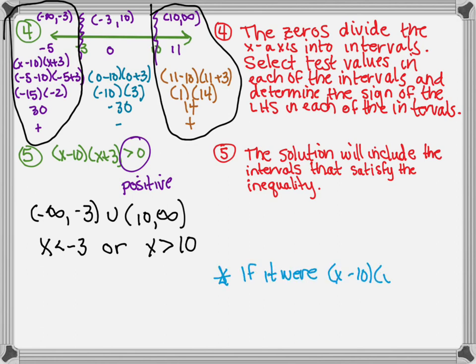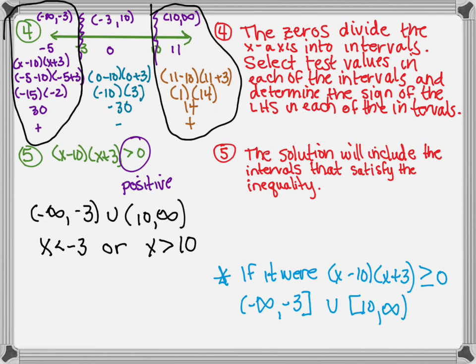And then just a reminder, if our inequality had been x minus 10 times x plus 3 is greater than or equal to 0, so including the zeros, then my solution would have been from negative infinity to negative 3 with the squared off bracket around the negative 3, union from 10 to infinity with the squared off bracket around the 10, because we would have been including negative 3 and 10.